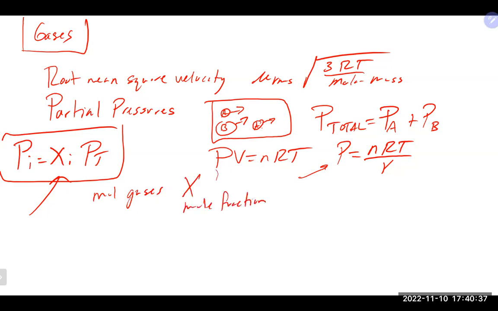If you can get the moles and the mole fraction, and you have either the total pressure or an individual partial pressure, you can solve for everything else that you need. So that's an alternative if you have the moles of each gas and a pressure given to you.